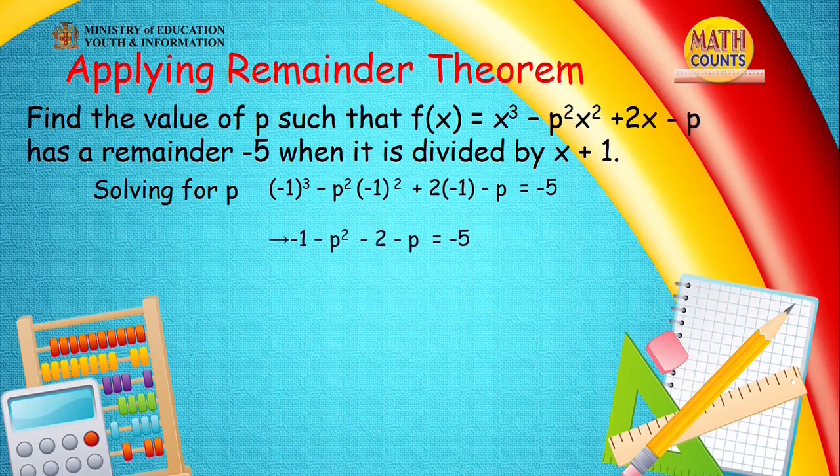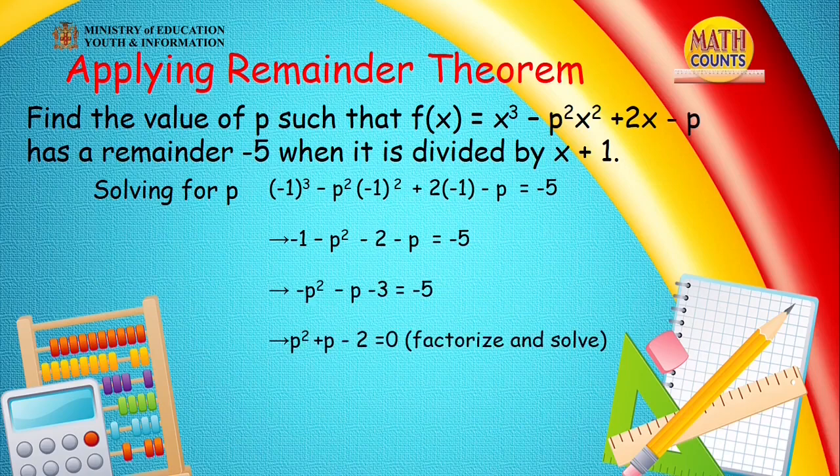Negative 1 to the third power is negative 1. Negative 1 squared equals 1. Multiply that by p squared, we still have minus p squared. Positive 2 multiplied by negative 1 gives us negative 2. And negative p is unchanged, equal to negative 5.